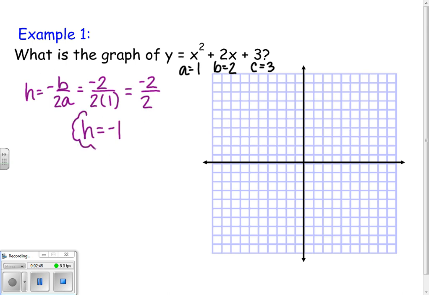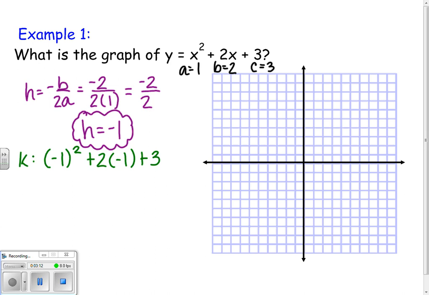I'm going to cloud it. It's not the final answer, but it is very important. The next step is new as well. If you have that h value, which again is the x value of the ordered pair of the vertex, you can find the y value, or k, by substituting. So if I want to find k, I'm going to take that negative 1 for h and put it into the original equation everywhere that I see an x.